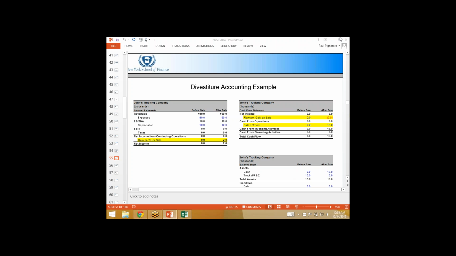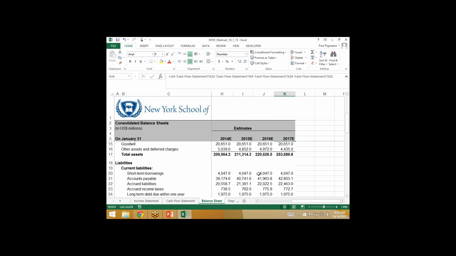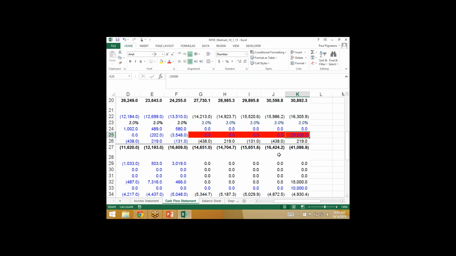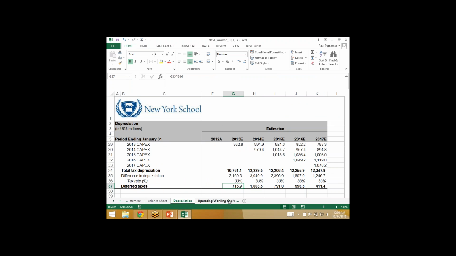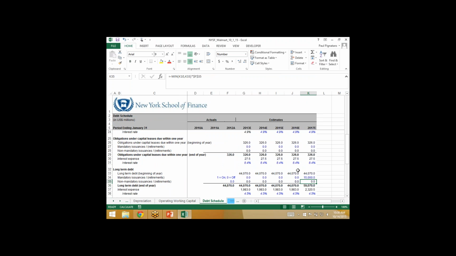Let's go to the Walmart model and undo the purchase. So I'm going to say I didn't purchase that asset. I didn't raise the equity. You guys okay? Just zeroing out K25, zeroing out K33, and then going to the debt schedule and zeroing out the $15 billion. And rather, I'm going to sell an asset.